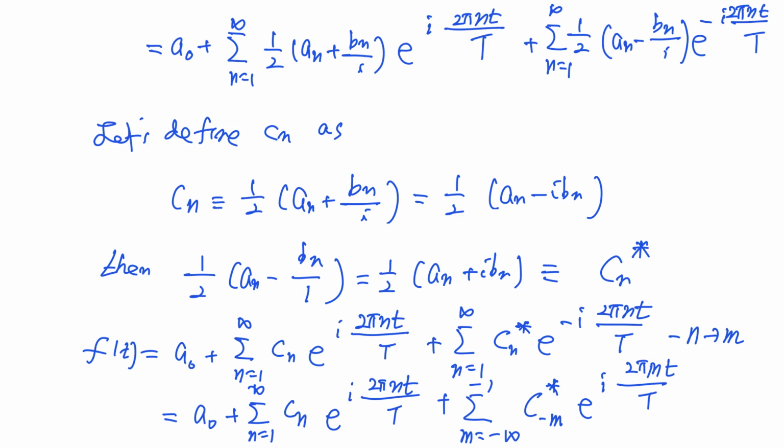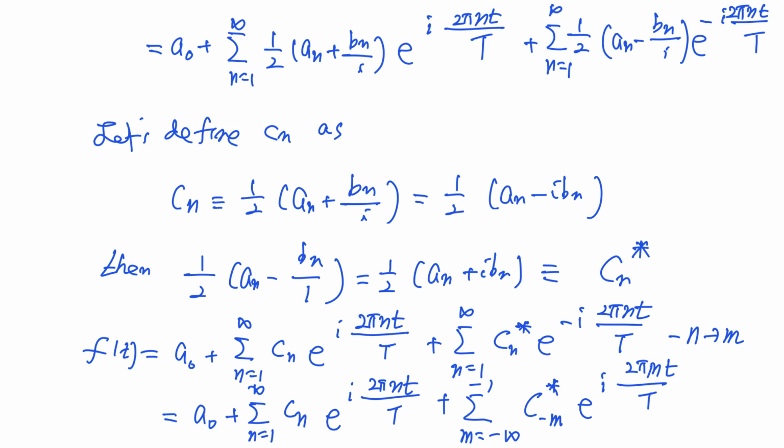So the original series can be rewritten as Cn exponential i 2 pi n t over T, n equal to 1 to infinity, plus the Cn complex conjugate with the exponential minus i 2 pi n t. But somehow it's a little bit inconvenient because it has plus and it has minus.